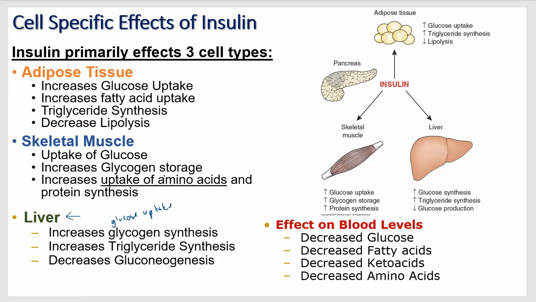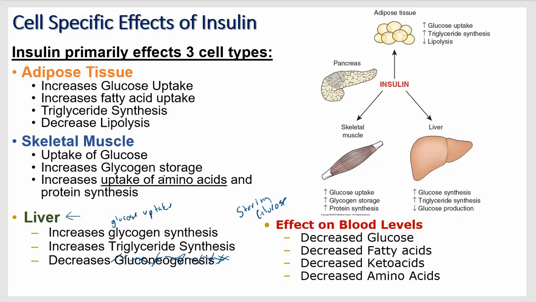The liver, it really kind of does it all. So increases glycogen synthesis, increases triglyceride synthesis, decreases gluconeogenesis. So remember, insulin is saying we're storing glucose, not making it. Okay, we're storing the glucose we have. We don't need to make new glucose. All right, so it's going to decrease that.